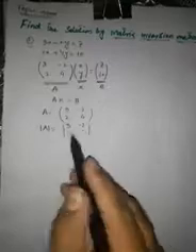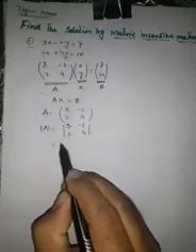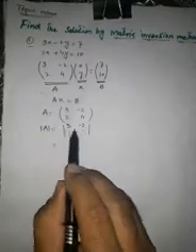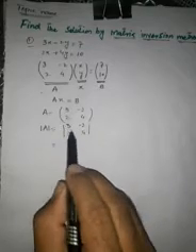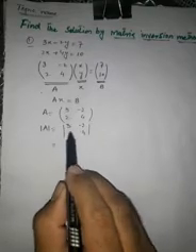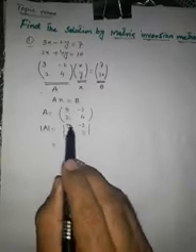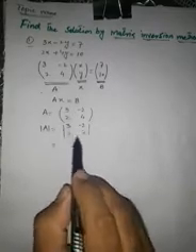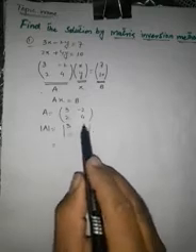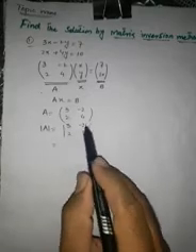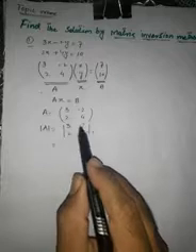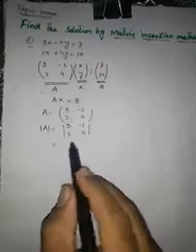Now how can we calculate this determinant? By multiplying the main diagonal elements. As I was telling you in the previous lecture, these elements are called the elements of the main diagonal, and the other two are called the elements of the secondary diagonal.